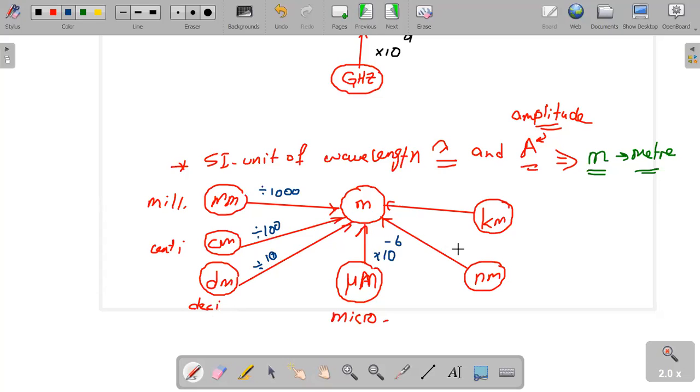From nanometer to meter, we multiply times 10 to the power of -9. From kilometer to meter, we multiply times 10 to the power of 3, +3, not -3.